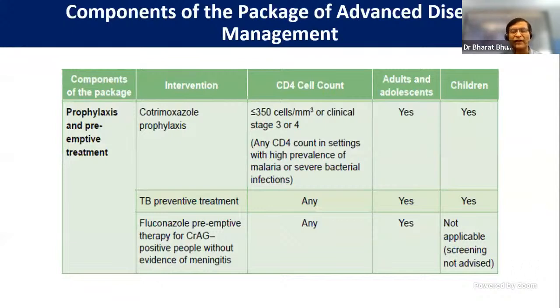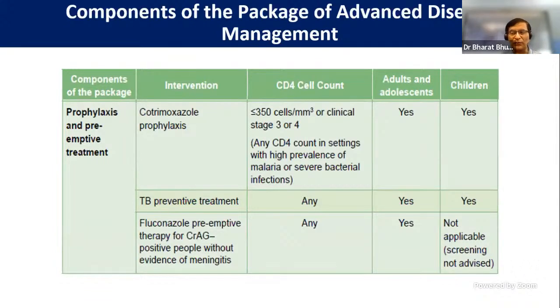Cotrimoxazole prophylaxis guidelines remain the same: at any CD4 count of less than 350 or clinical stage 3 or 4, we provide it, and continue till the CD4 count has gone beyond 350 on 2 different occasions. This recommendation is for adults, adolescents, children, everyone.